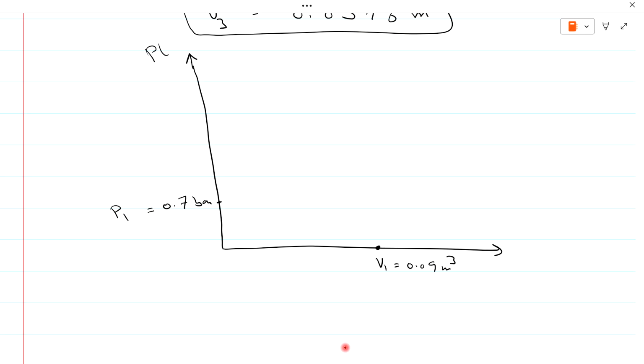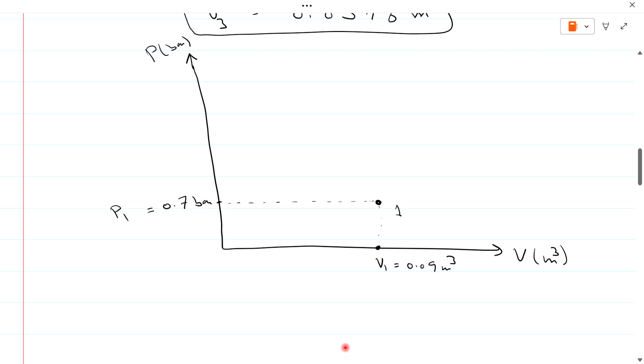This is pressure in bar, and on the x-axis volume in cubic meter. So the first process is this.